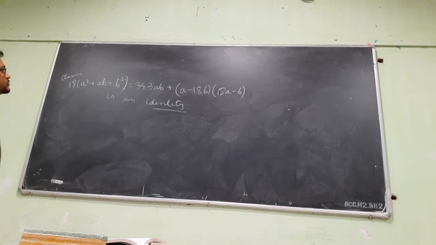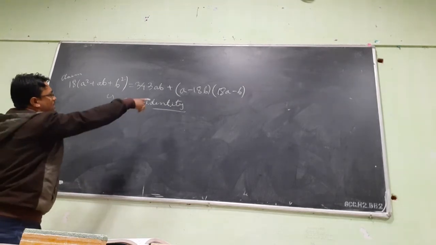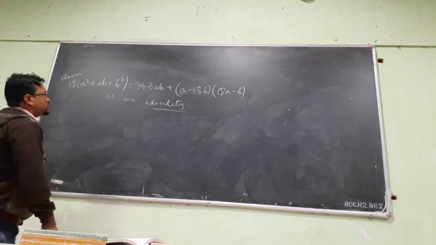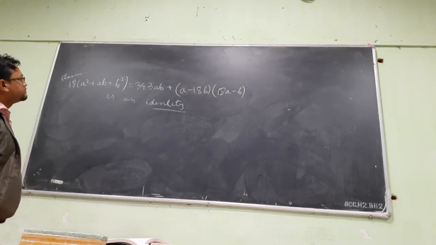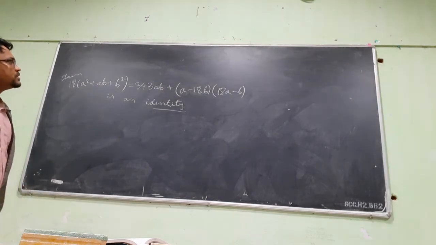Okay. So we will verify if this is an identity or not. Start with the right hand side and see if it is equal to this. Now try to expand the right hand side and see whether you get an identity.